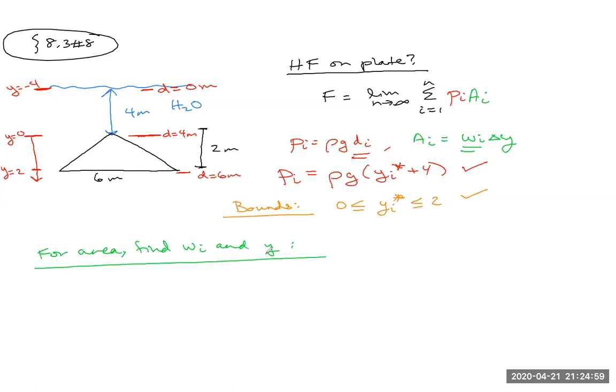Coordinate system y represents your coordinate system depth. You can make your little strip here. That is width delta y. Then this point here would be yi star, and the width would be wi.